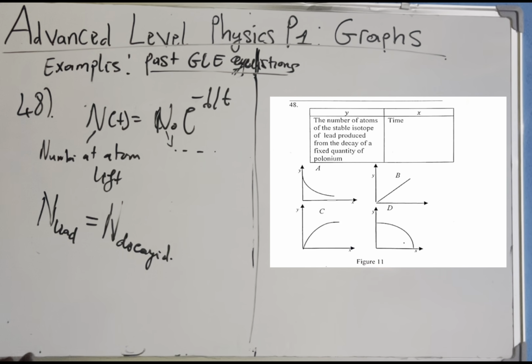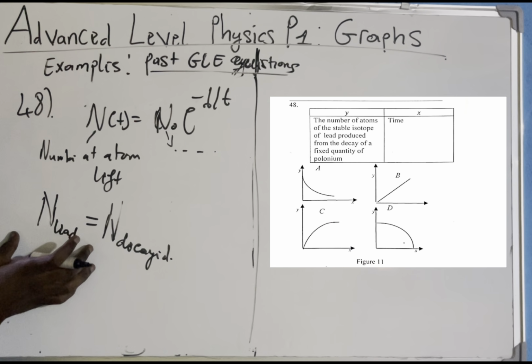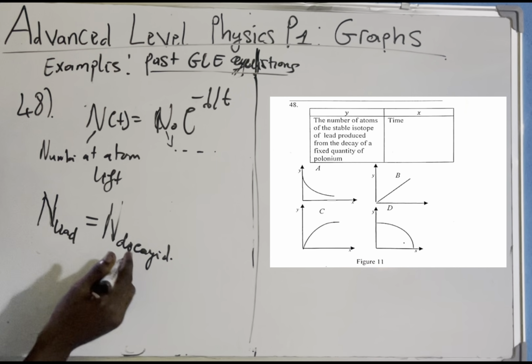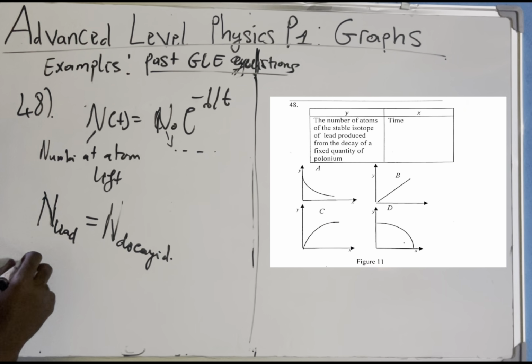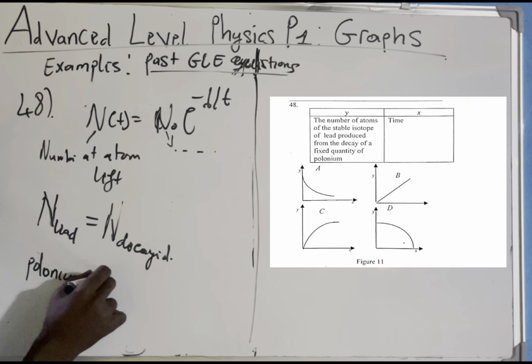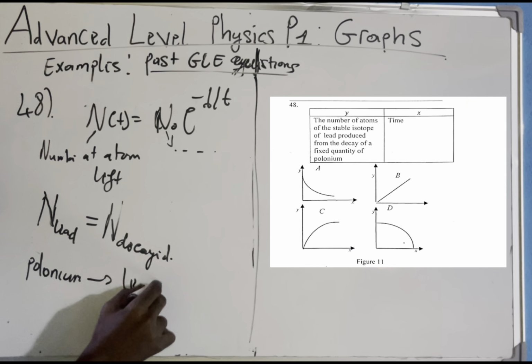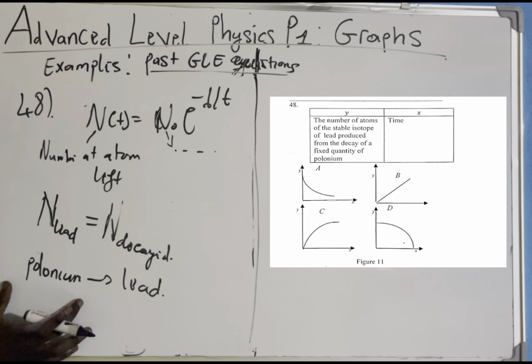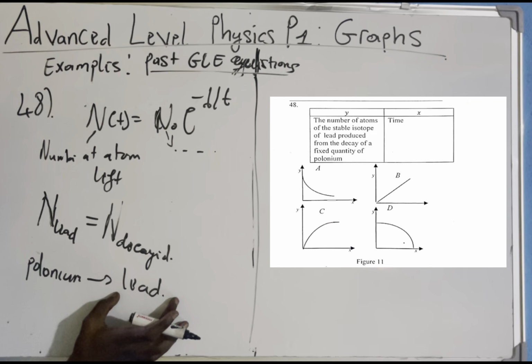Are we understanding? Polonium is decaying to produce lead, so the number of atoms of polonium decayed will give us the number of lead.